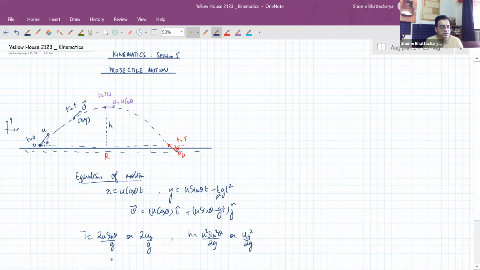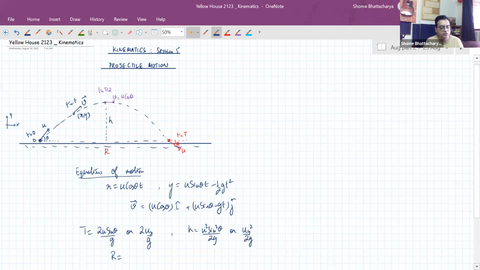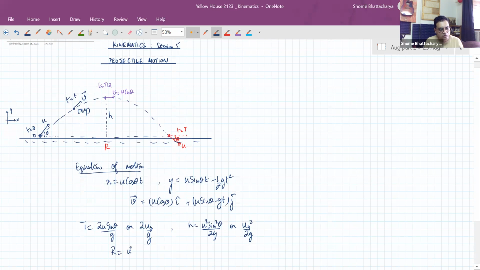And the horizontal range is given by the formula u square sine 2 theta divided by g, or we can understand it as the horizontal component of velocity multiplied by time of flight. So this set of equations and formulae almost contains everything that we require to solve questions related to the standard case of projectile motion.